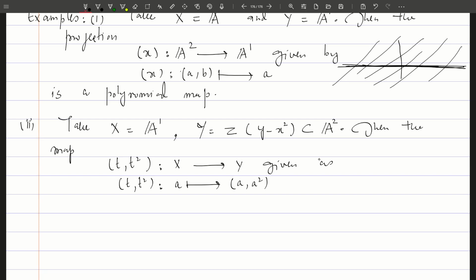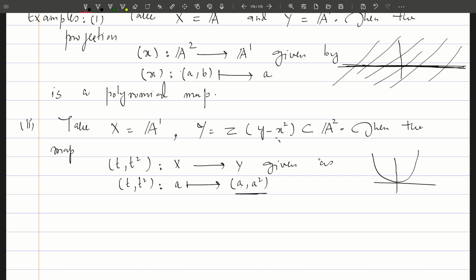Now this map makes sense if this point lies in the zero set of this polynomial. If we put x equal to a and y equal to a square, then a square minus a square is equal to 0. So this is actually a parabola.